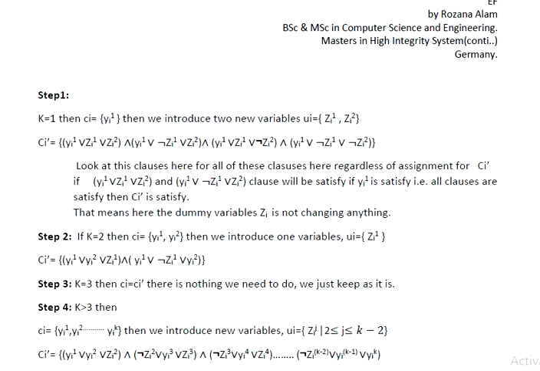Now these are the clauses, and they will be an equivalent 3-SAT clause set. This is ci prime, and the original clause of SAT will contain only yi1. ci prime will be satisfied only if ci is satisfied.